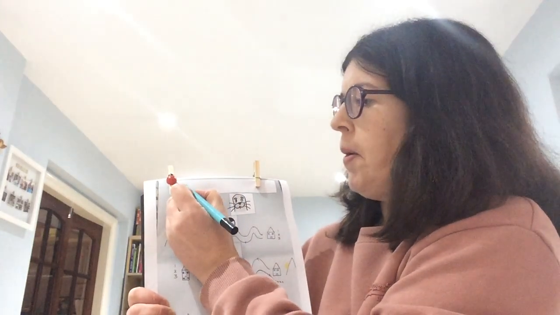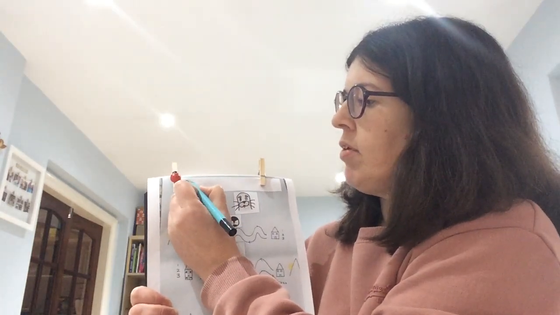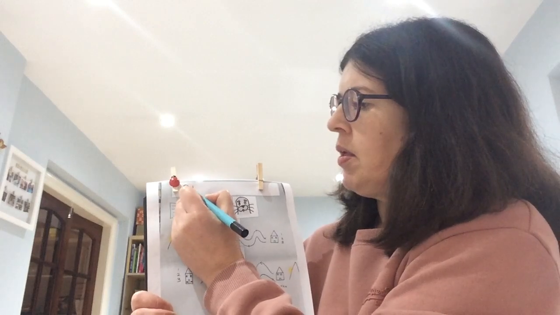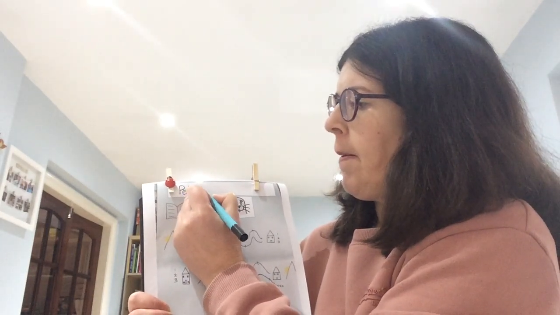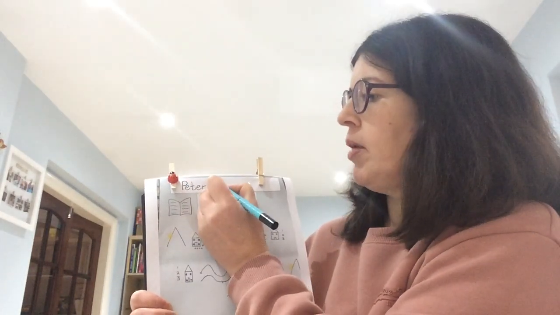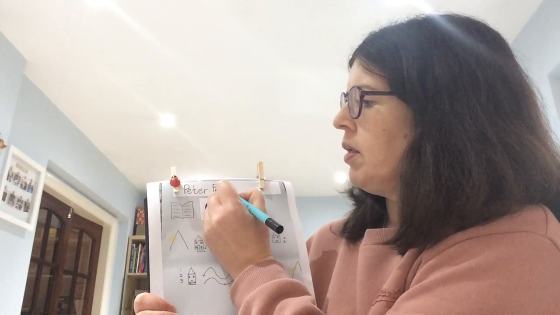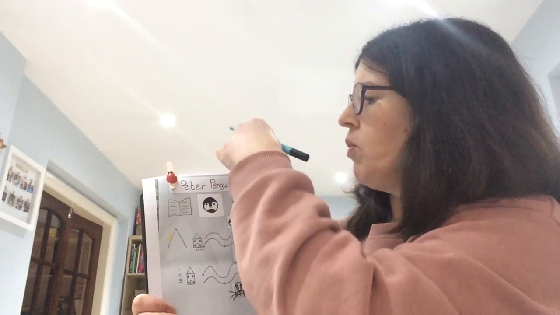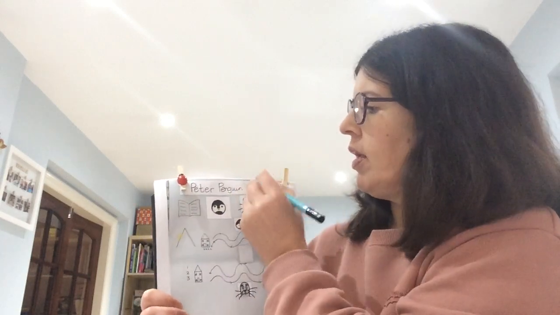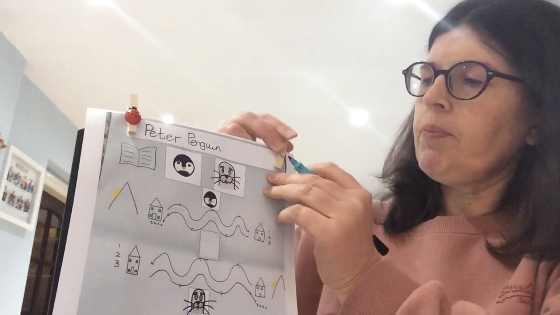My title, sorry, is going to be for my story. So I'm going to write in Peter Penguin in my next word. Oh, move my clip over. And Susie Seal.